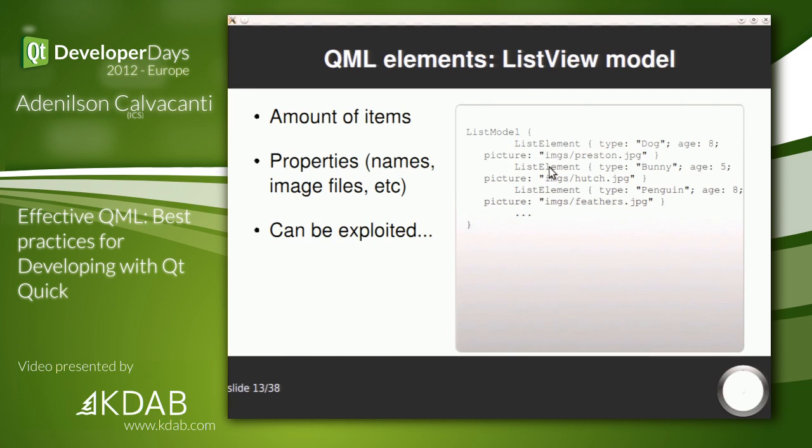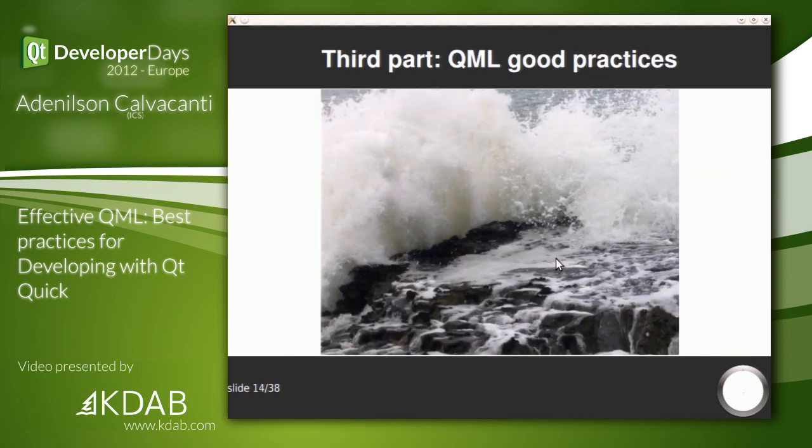Well, I would invite you guys to visit later, but I can tell you that you can also pass geometric information inside of a model. You can do even more. Why not supply custom code, like custom JavaScript information, within the model? I mean, your imagination is the limit. Okay, third part.